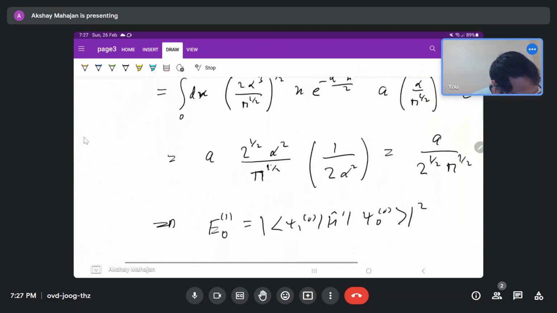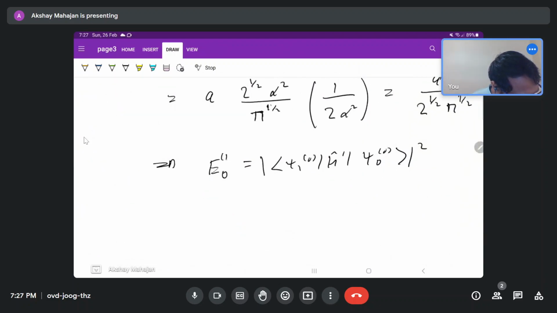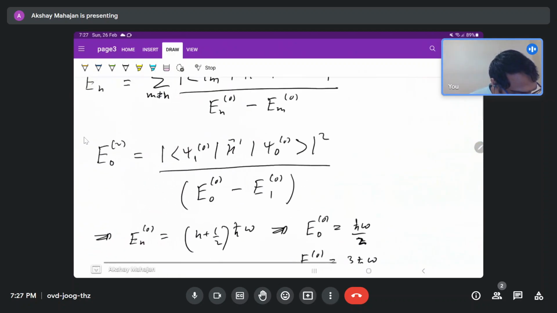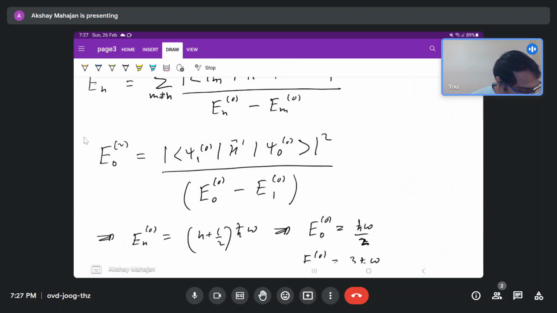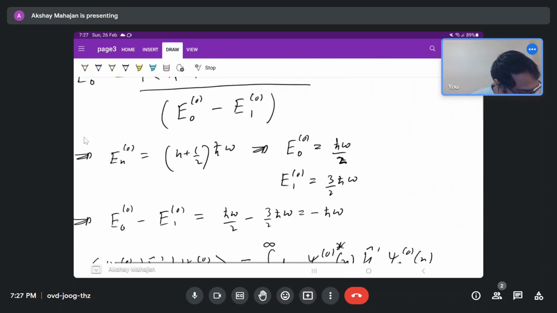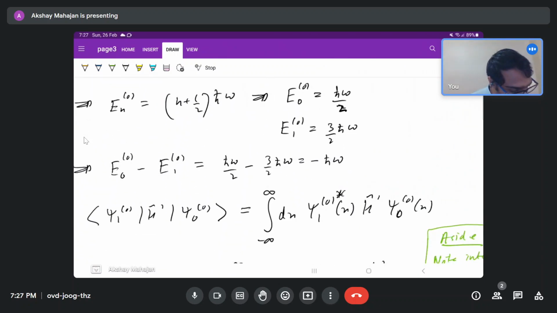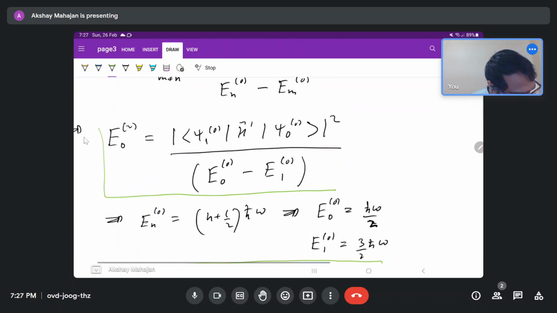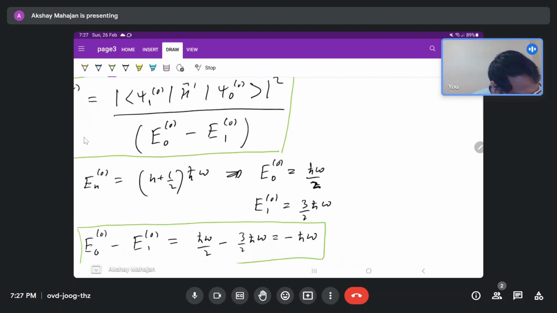Up to second order correction we have to find. Psi 1 of the 0th order h cap prime psi 0, divided by, so we are using this formula that we have calculated, E0 of 0 minus E1 of 0.